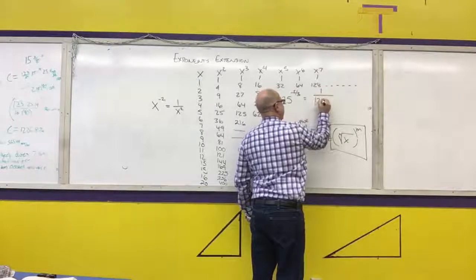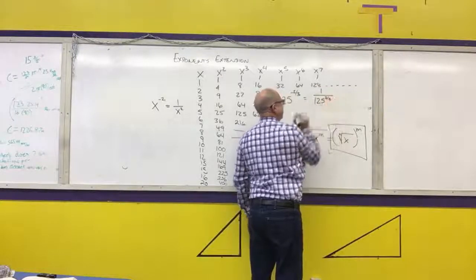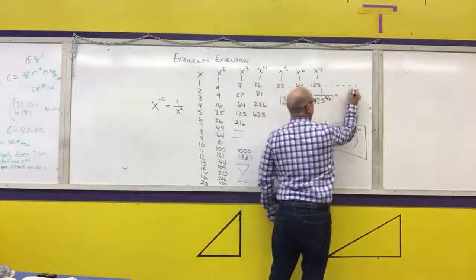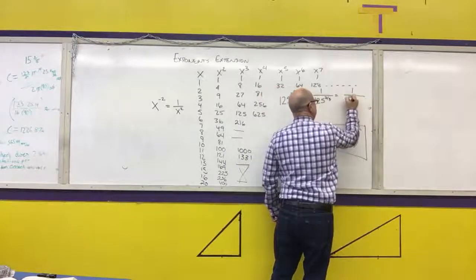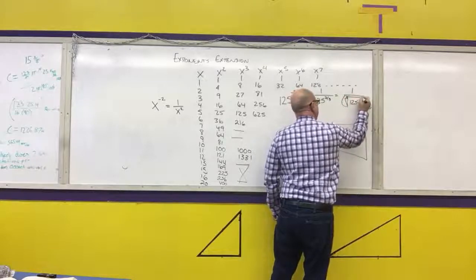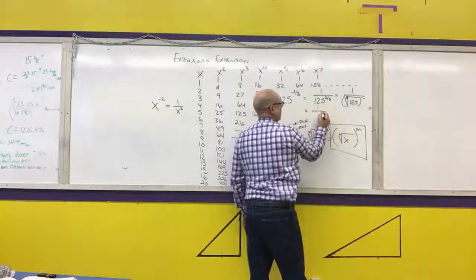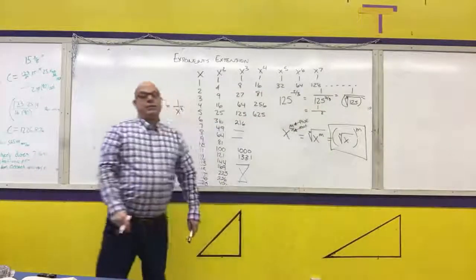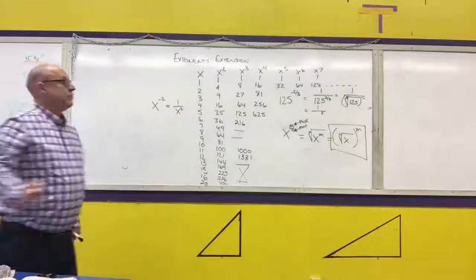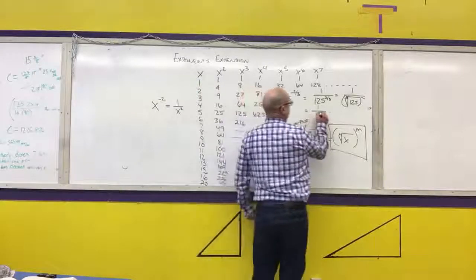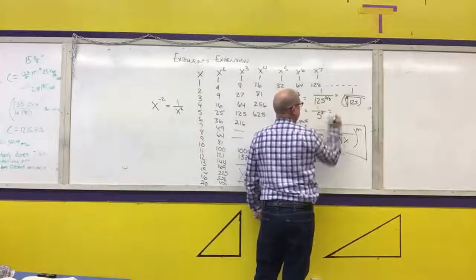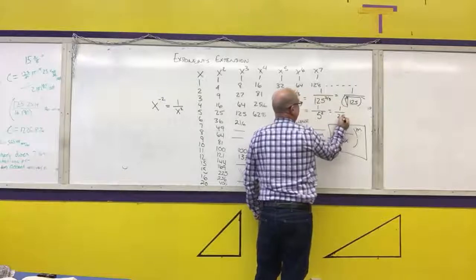So that's 125 in the denominator to the positive 2/3. And the way I want you to think about this is it's the cube root of 125 squared. What's the cube root of 125? 5. And what is 5 squared? 25. So the final answer is 1/25.